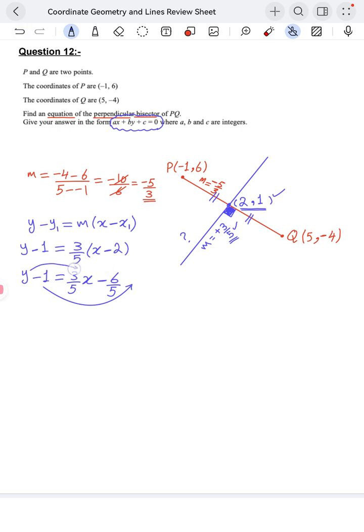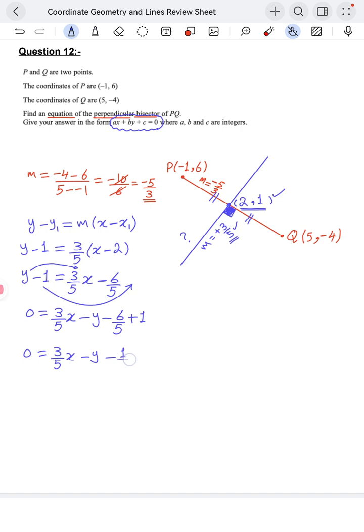It looks like this: 0 equals 3 over 5 x minus y minus 6 over 5 plus 1. -6 over 5 plus 1 is negative 1 over 5.